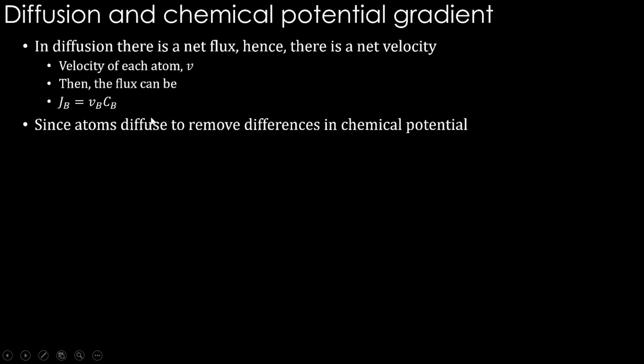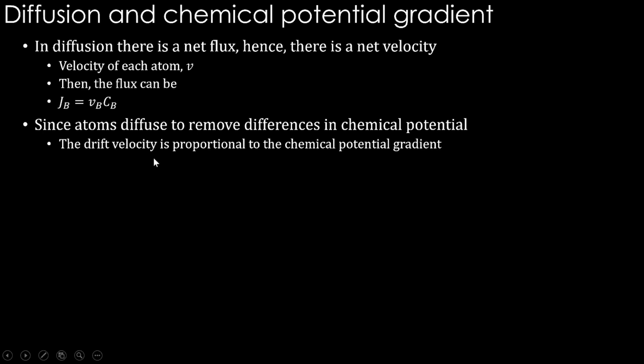And since atoms diffuse to remove differences in chemical potential, we can say the drift velocity is proportional to the chemical potential gradient. So vB is proportional to the chemical potential gradient.